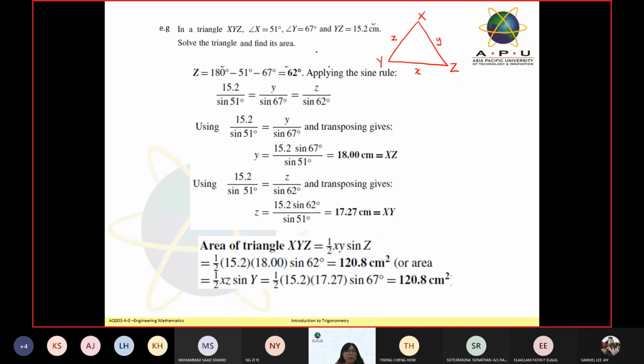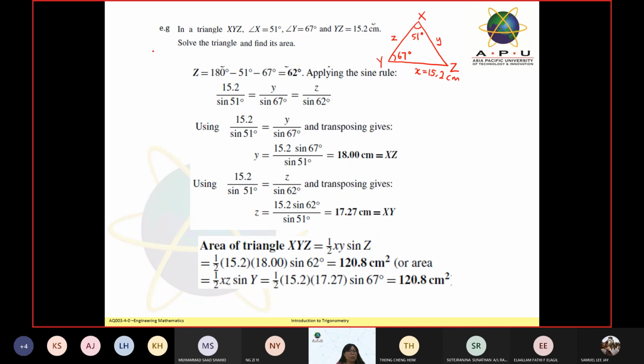Angle X is 51, angle Y is 67, and YZ, which is side x, is 15.2 cm. These are the information given.